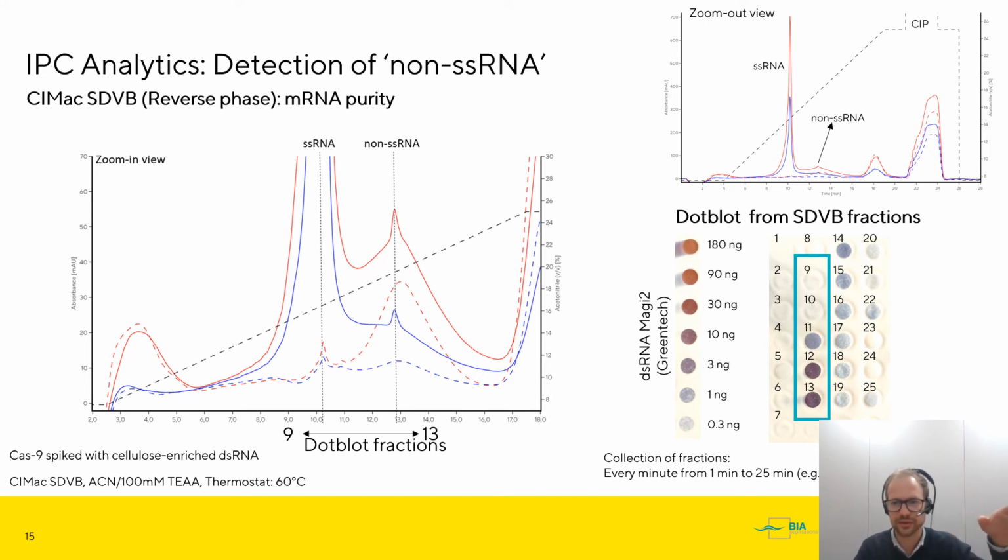At analytical level, we can use reverse phase chromatography to separate a single-stranded RNA from larger or smaller fragments, which typically come in double-stranded nature. So here we show a spiked sample of non-single-stranded RNA, namely double-stranded RNA, as demonstrated by this dot plot, which was recorded for every minute of elution from single-stranded RNA.